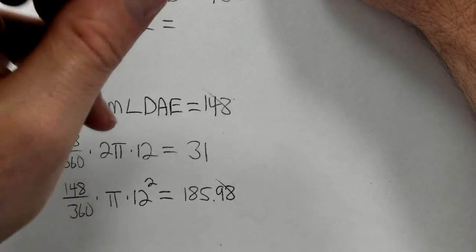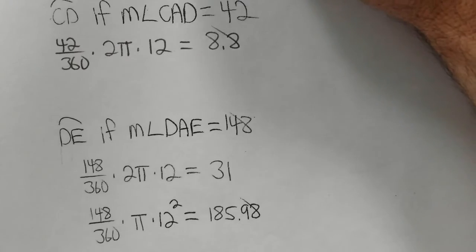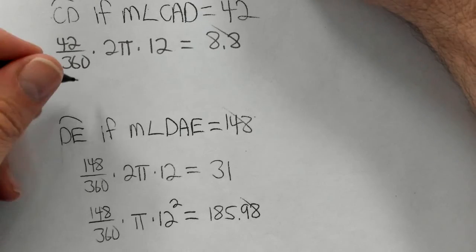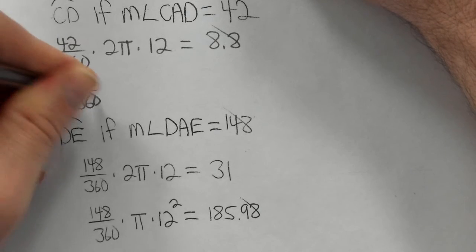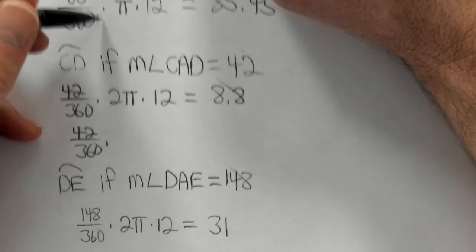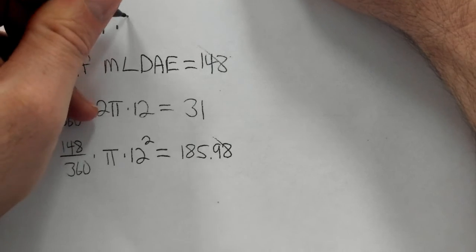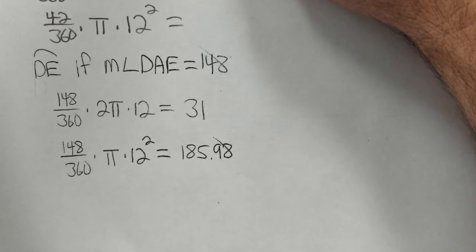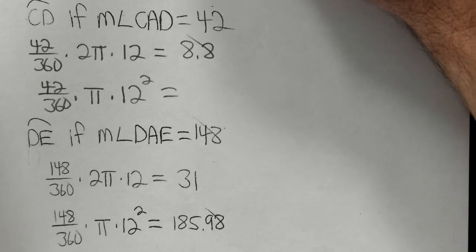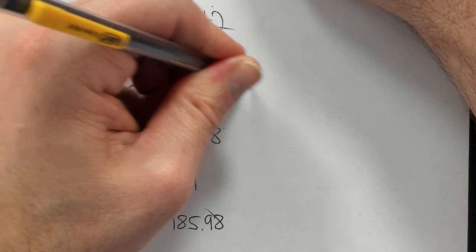And we multiply that out, and we would get 8.8 as a correct answer, so you can verify that. The next formula, 42 over 360 times pi r squared. So pi times the radius is still 12, squared this time. And if we were to take that and plug it into the calculator, we would come up with 52.78.